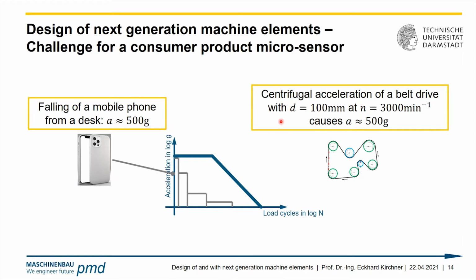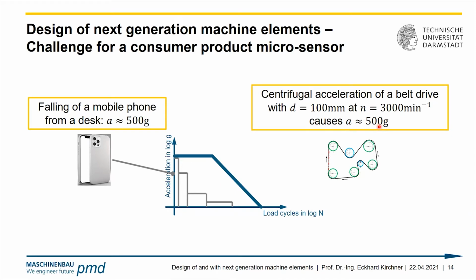If we imagine a belt passing a disc with 100 millimeters diameter at a speed of 3000 revolutions per minute, that's 50 revolutions per second, yet causes a 500 G event. And that anytime the tooth belt or our specific belt with a sensor passes through one of those discs.